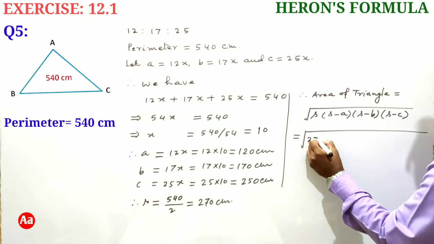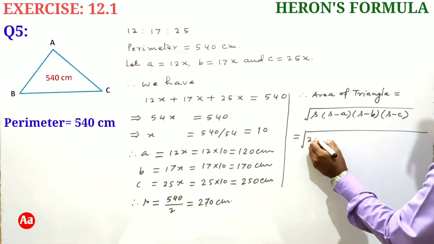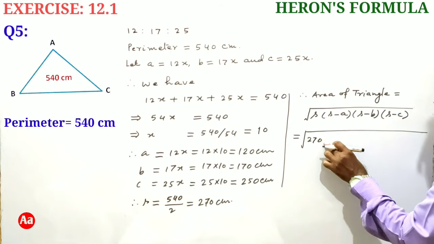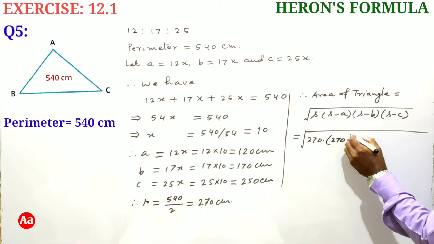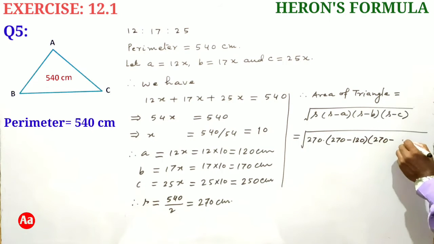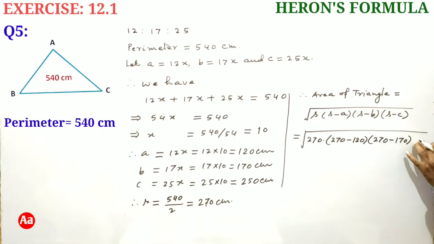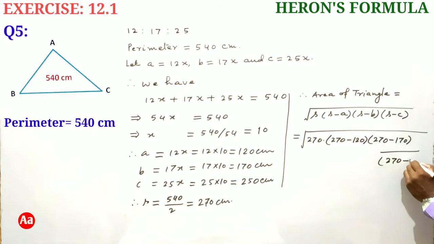So 270 semi-perimeter into S minus A, 270 minus 120 into 270 minus 170 into, let us write it here, 270 minus 250.